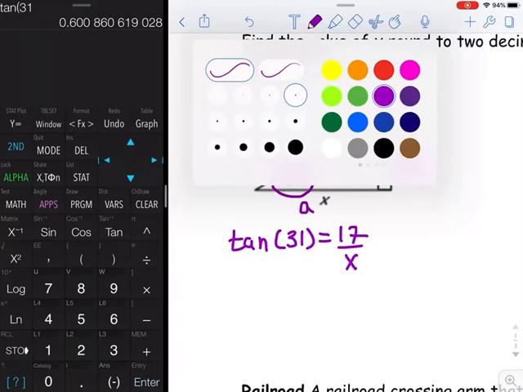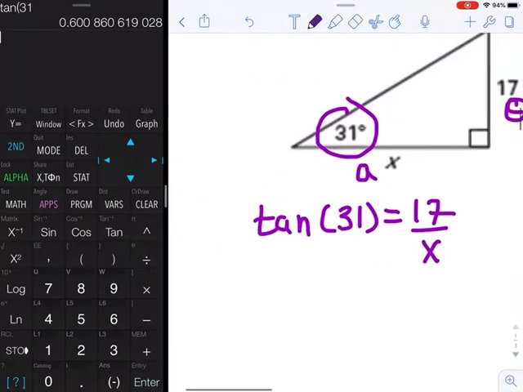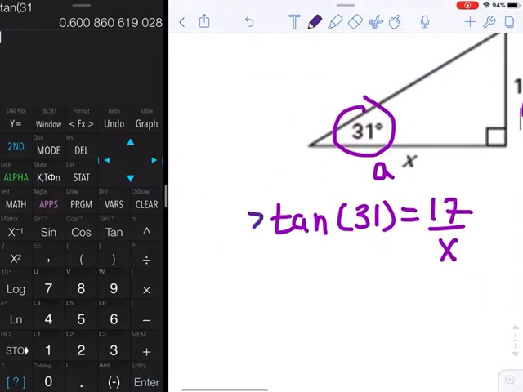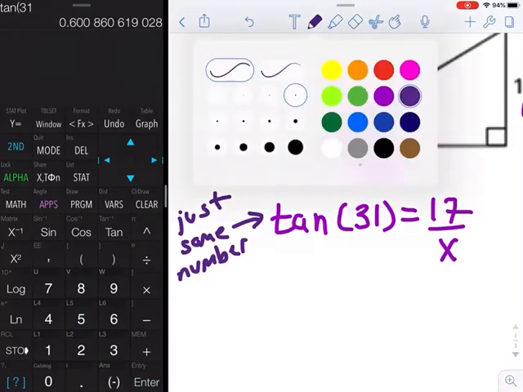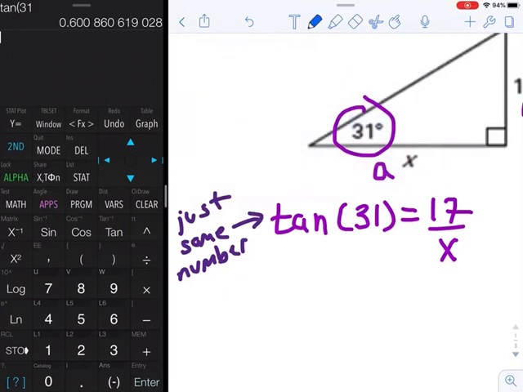So you've got to realize, once you can accept this as fact, that tan 31 is just some number. Now we've got these calculators that tell us exactly what that number is. My parents, probably your parents, old people, they had to use a trig table. They actually had to use a piece of paper and a table, and it was no fun.